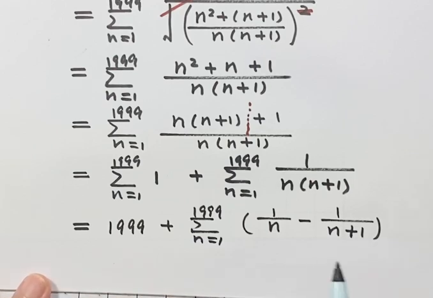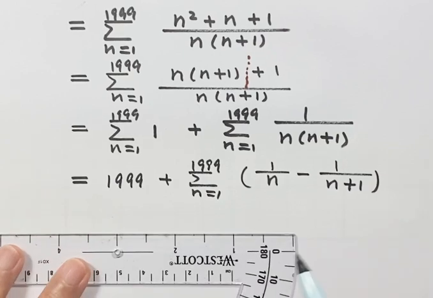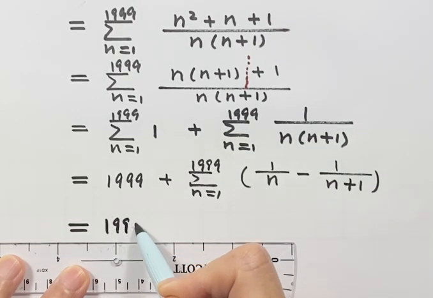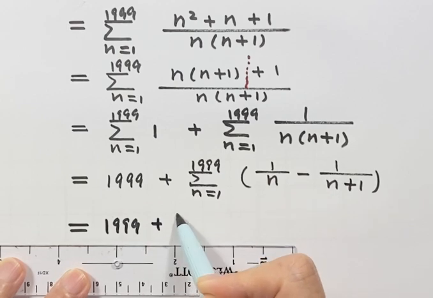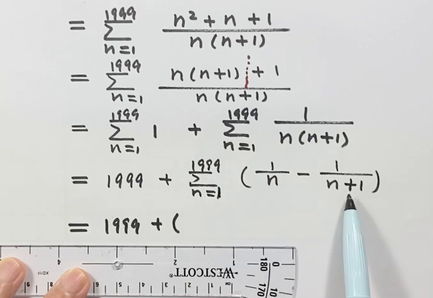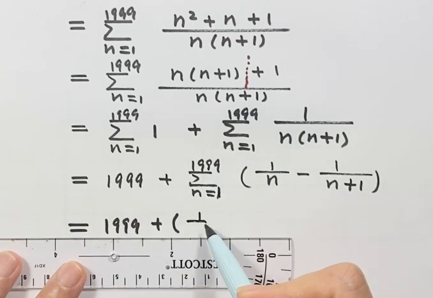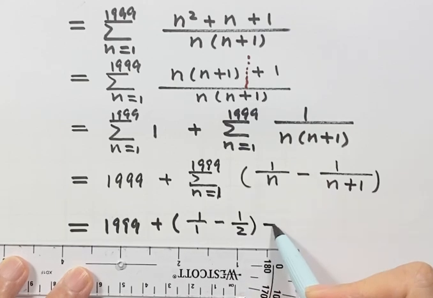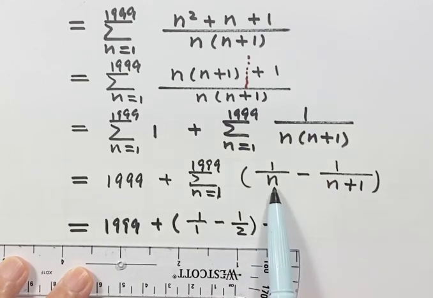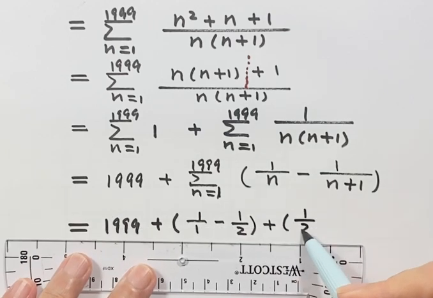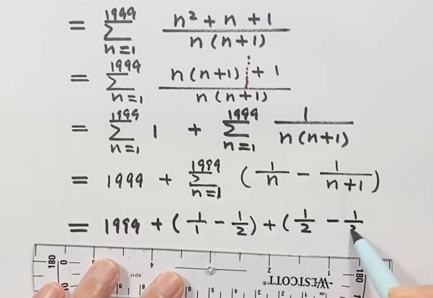So let's expand this sum. When n equals 1, this is 1, this is 2. So we have the first term, 1 minus 1 over 2. Then when n equals 2, here's a 2, here's a 3, and here's 1 over 2 minus 1 over 3.